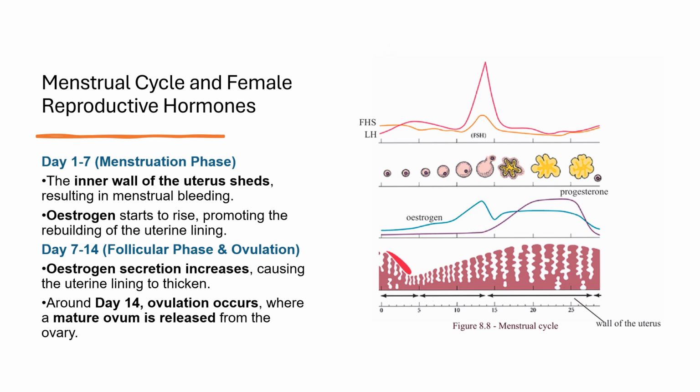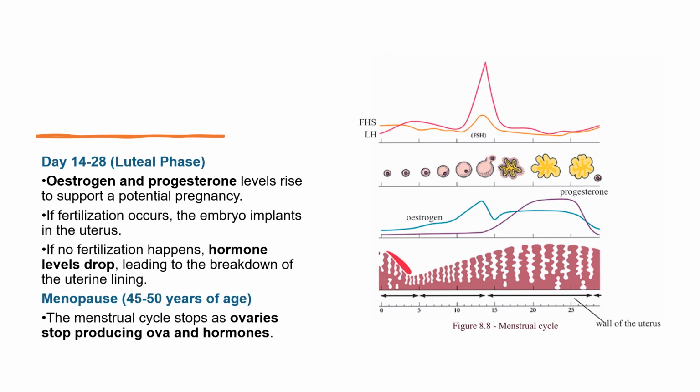Right? And then comes day 14 to 28, also known as the luteal phase. So at this phase, estrogen and progesterone levels rise to support a potential pregnancy.